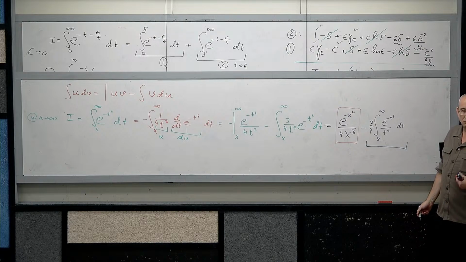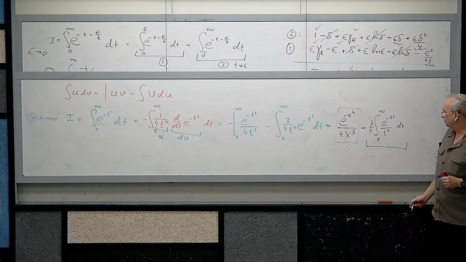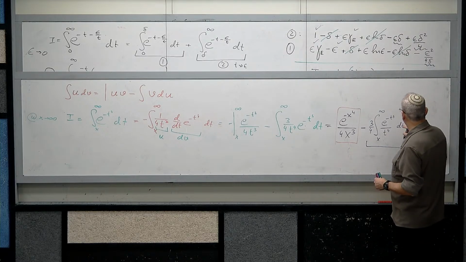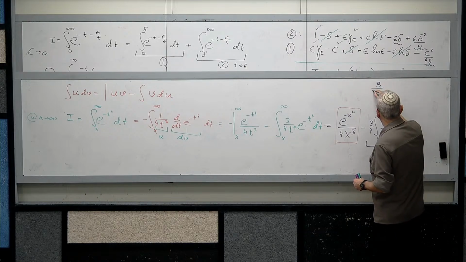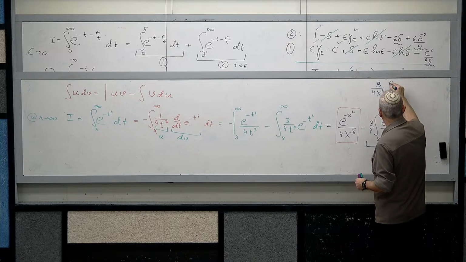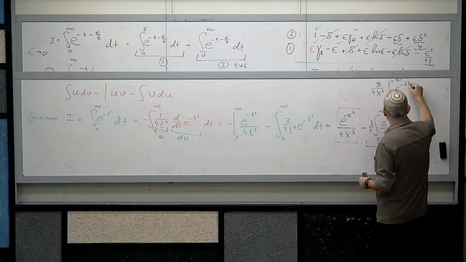How do I do that? I would like to claim that this term is much smaller than 3 over 4x to the 4 times the integral from x to infinity of e to the minus t to the 4 dt.